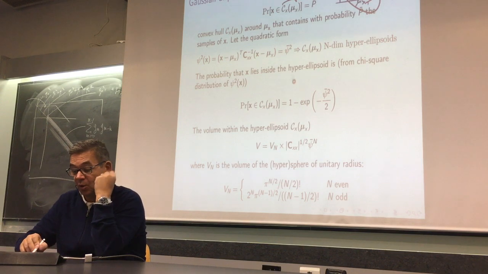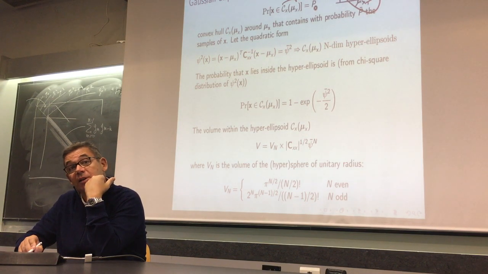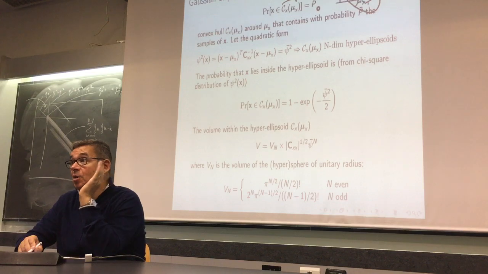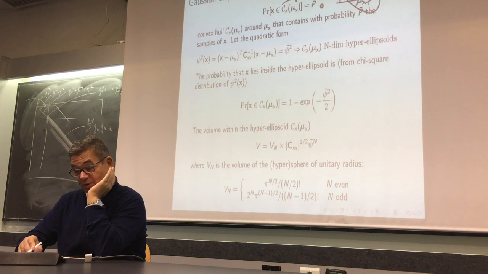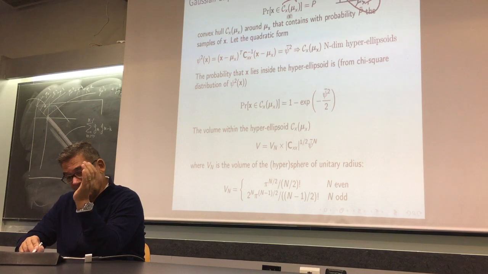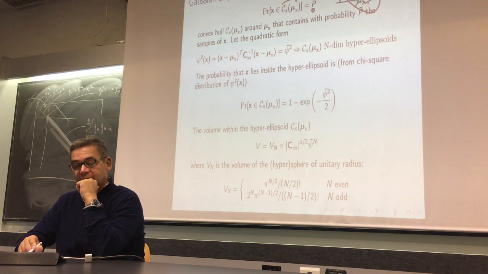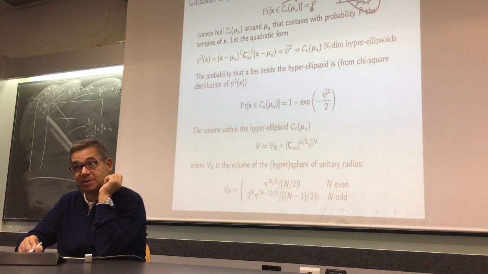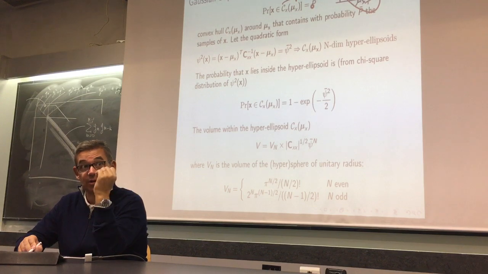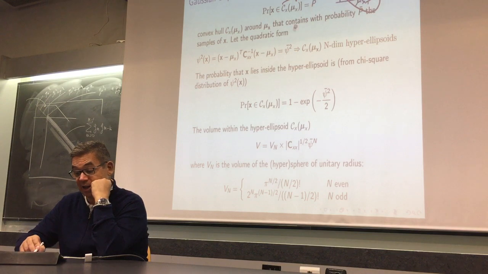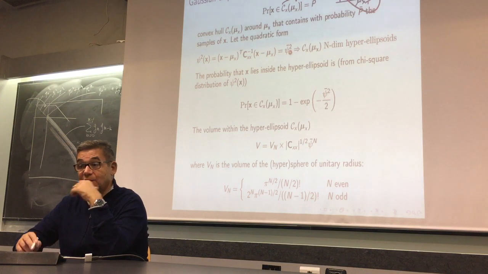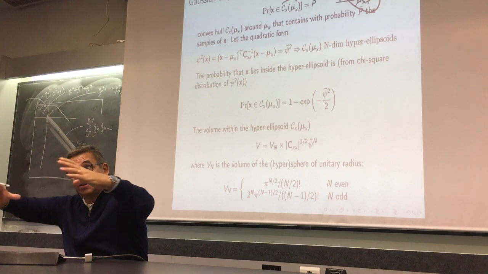So I establish P naught equal to 0.95, then I solve this equation, I get psi, then I set it into the other, and I find the convex hull boundary.